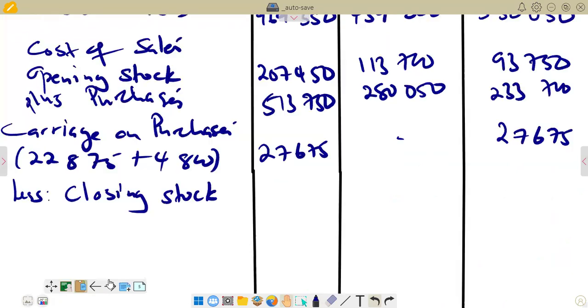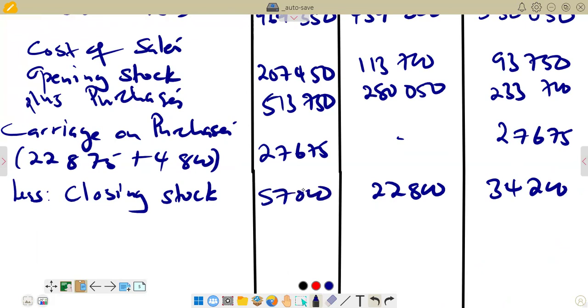There's our closing inventory figures. So we come here, we are saying closing inventory for microwaves, we have 22,800, and for stoves, we've got 34,200. Add the two, you're supposed to get 57,000. So this marks the end of this section. Remember, we are saying less, so we are subtracting.